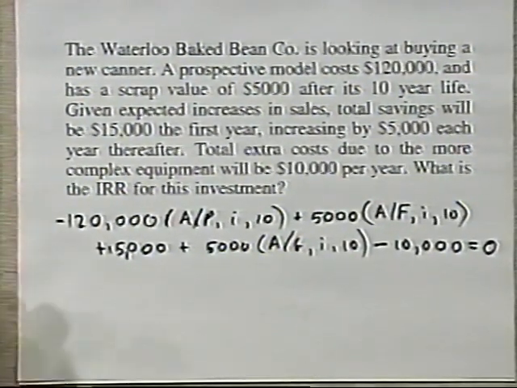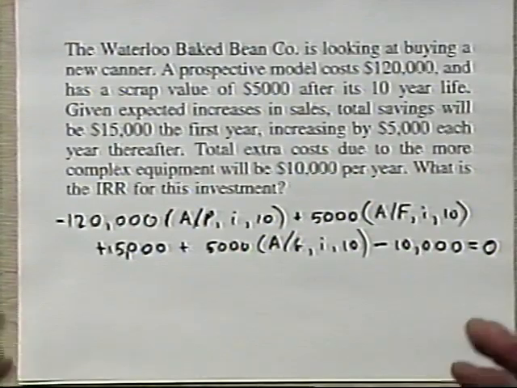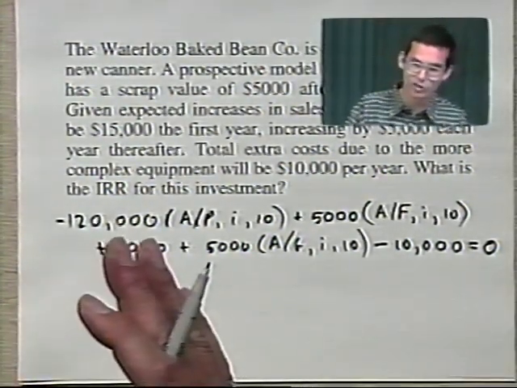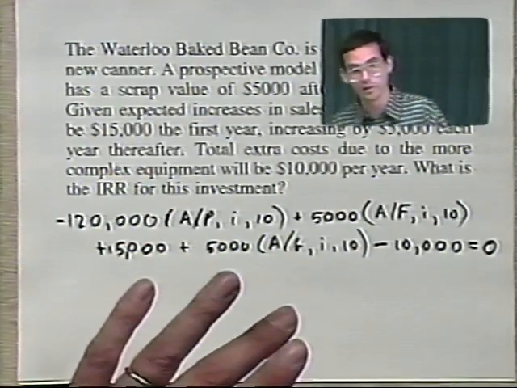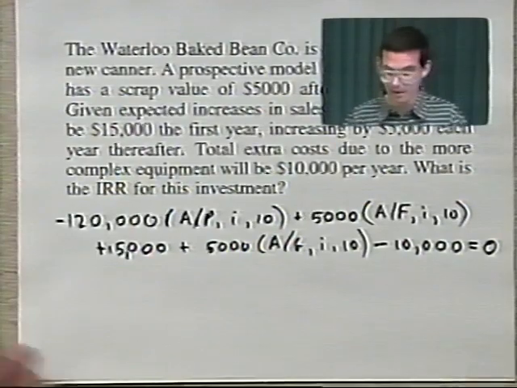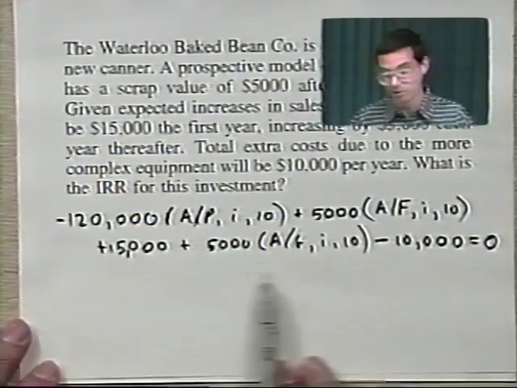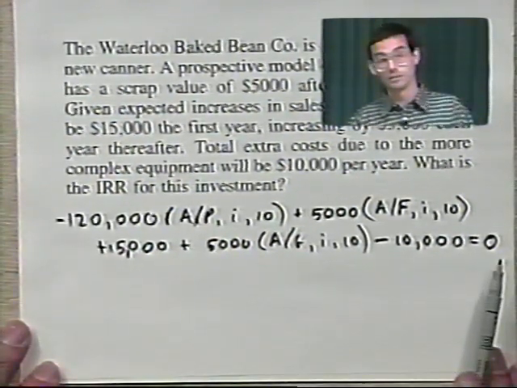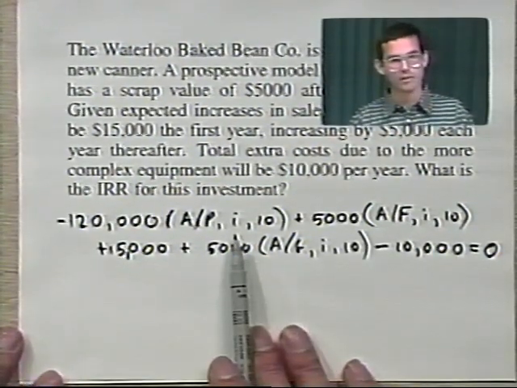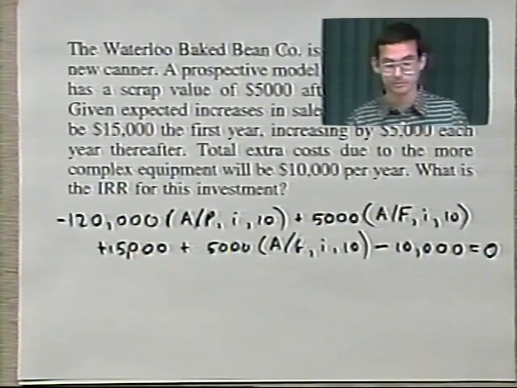I want to find where the costs and the benefits are equal. I could have equally well put the costs on one side of the equation, the benefits on the other, or I put them all on one side and set them equal to 0. I now have an equation that's pretty complicated. But if I solve it for i, that will give me my internal rate of return.